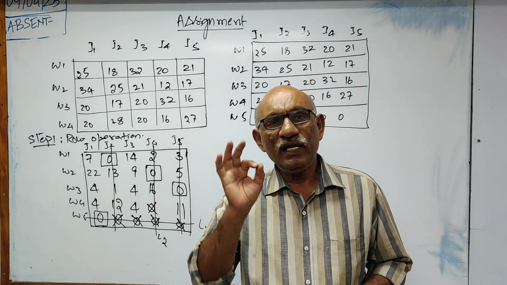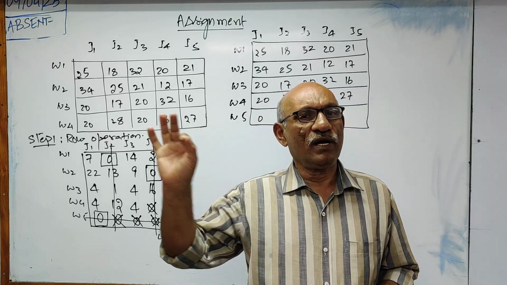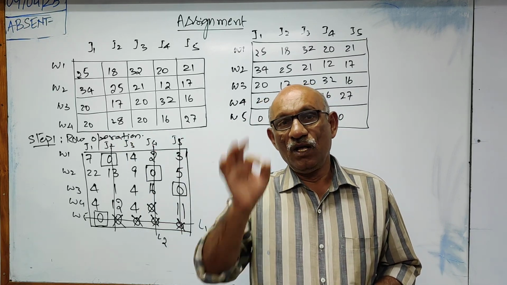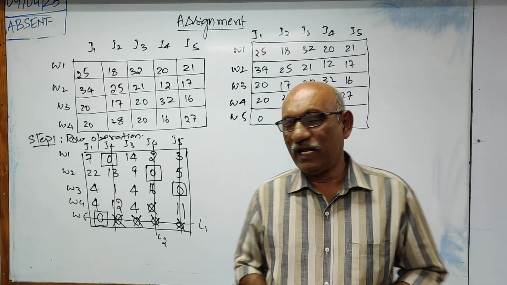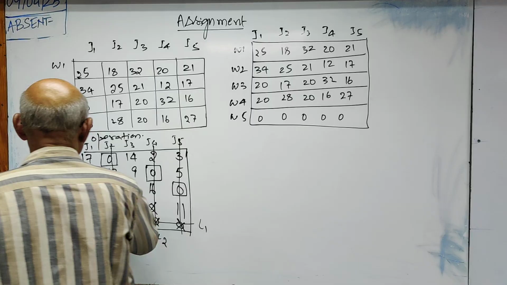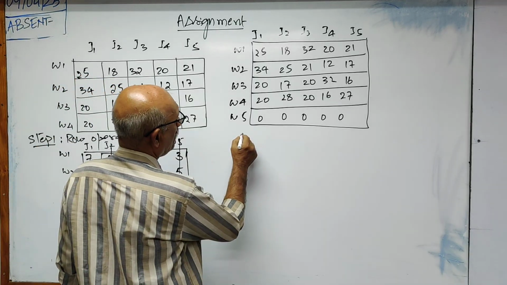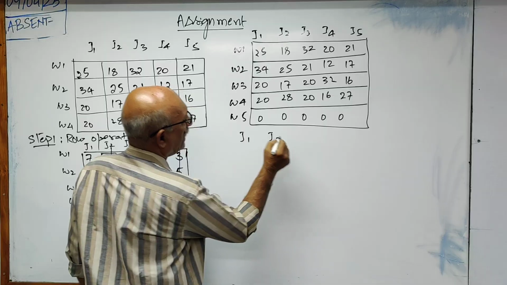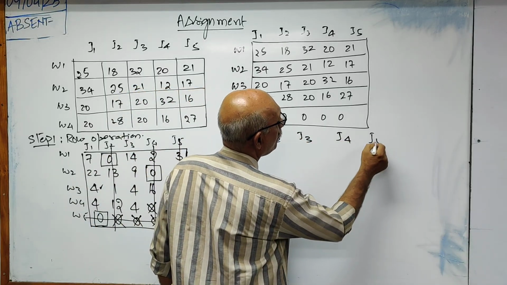Select the least element which is not covered by the lines. 4 is the least element. Then after selecting this least element, what will I do?